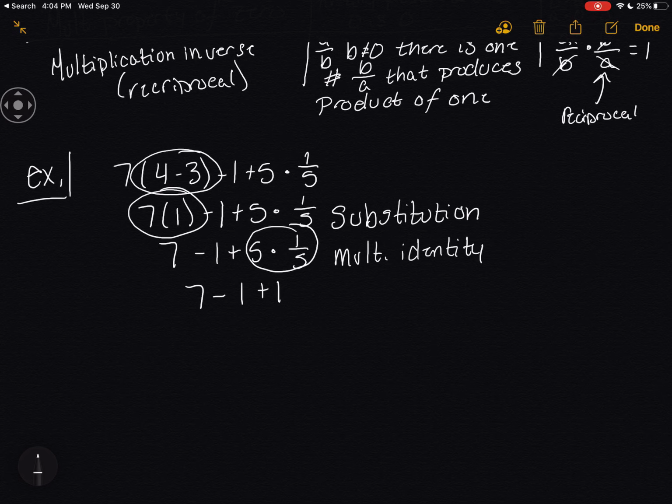And 5 times 1 over 5 is using the inverse. It would technically be the multiplicative inverse. But I'm essentially using the inverse because 5 over 1 is how I could write my 5. And I'm taking the reciprocal of it and multiplying.